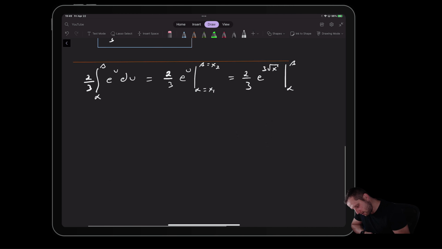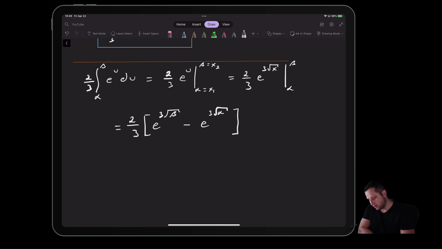Then that ends up resolving to be 2/3 times e to the 3 root beta minus e to the 3 root alpha.